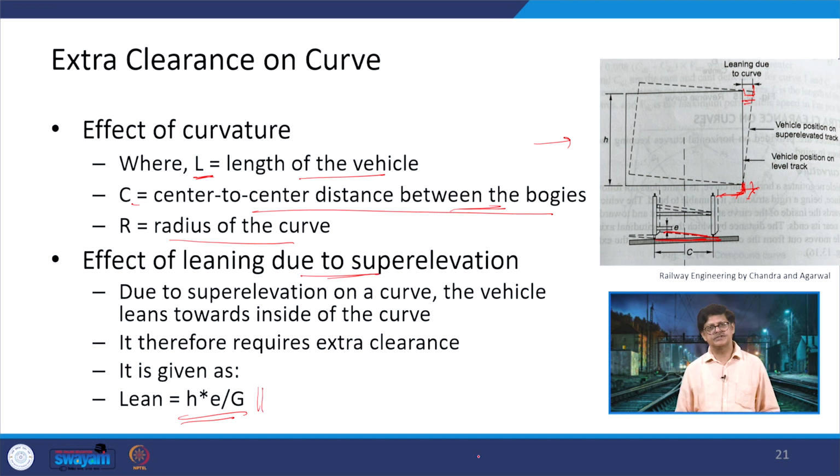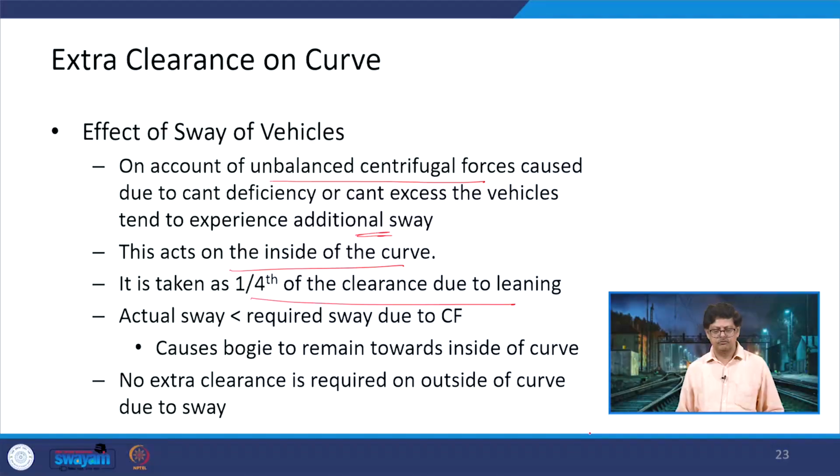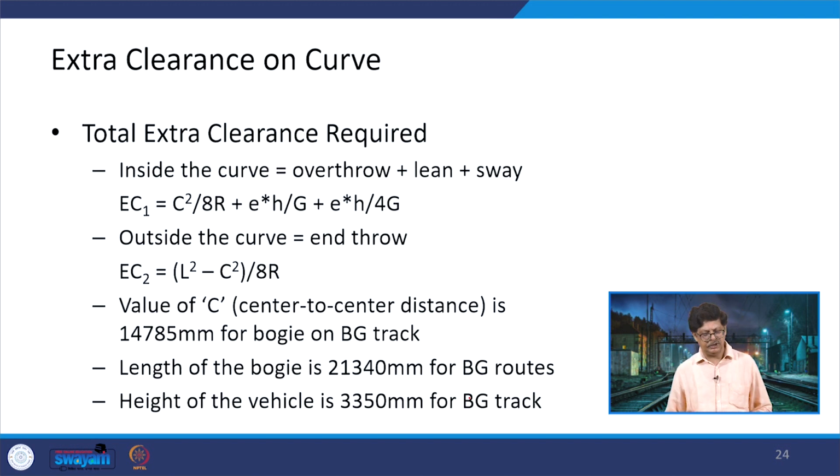So, 1/4 of this, that means h into E divided by 4g, is what we are talking about here. Actual sway is going to be less than the required sway due to the centrifugal force, and it causes the bogies to remain towards the inside of the curve. So, again it is happening towards the inside, it means the third clearance is coming towards the inside, whereas for the outside we still have one value.